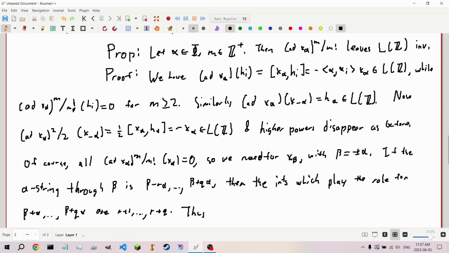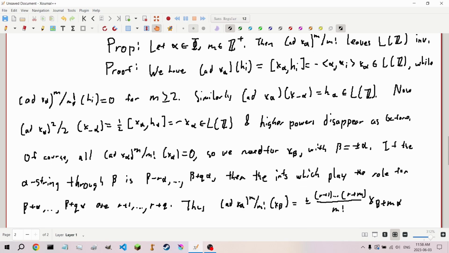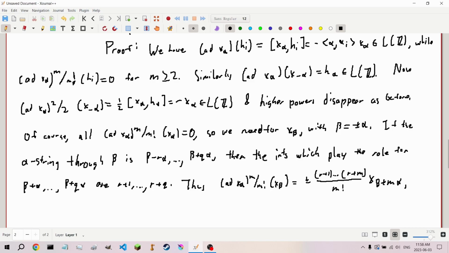Thus, the adjoint of x alpha to the m over m factorial on x beta is going to be plus or minus r plus 1 multiplied through r plus m over m factorial times x beta plus m alpha, or it's going to be 0 if beta plus m alpha is not a root.